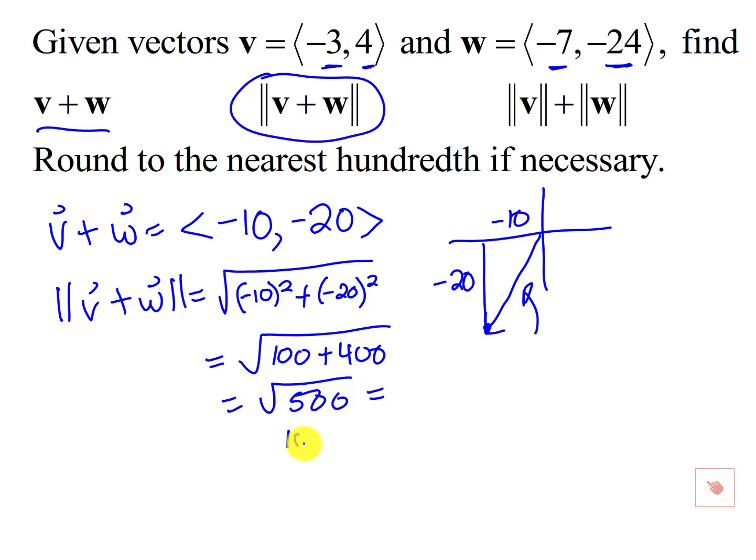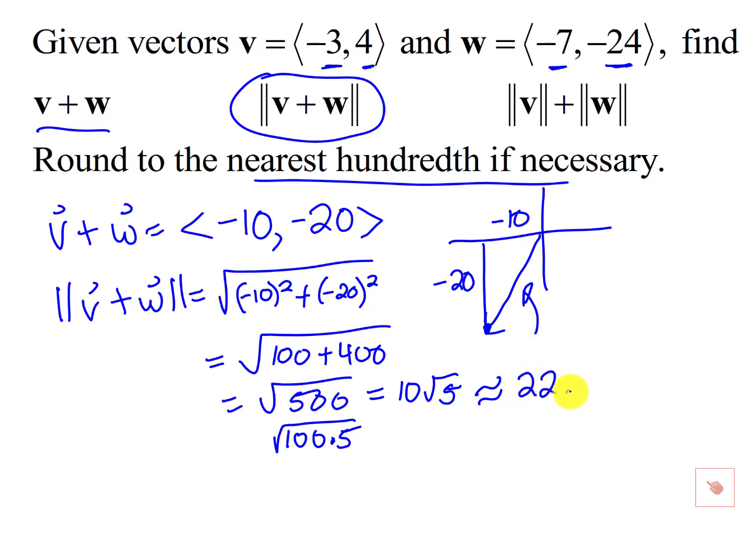So this is 100 times 5, and we can take the square root. The 100 comes out in front as the 10, and the 5 is still under. Now it does say to round to the nearest hundredth, so we could then put that in a calculator, and it's about 22.36.